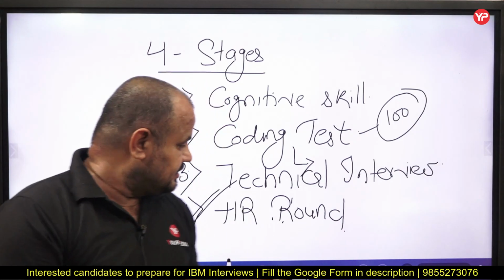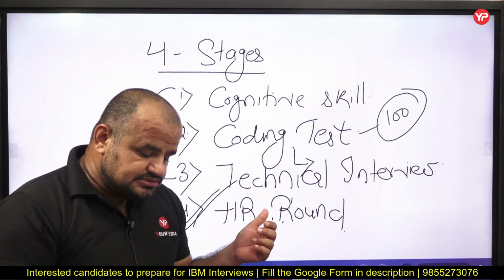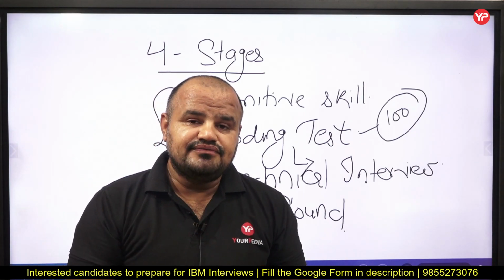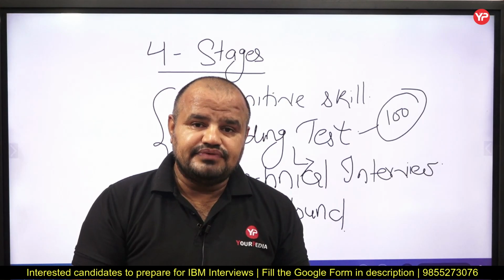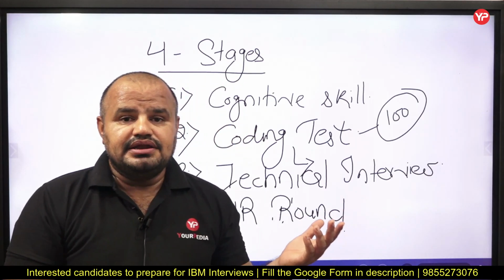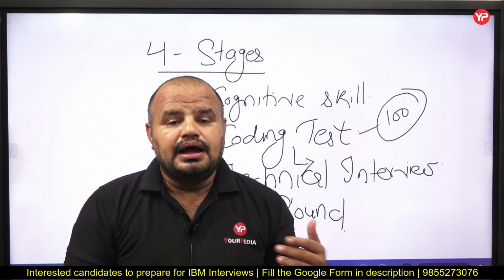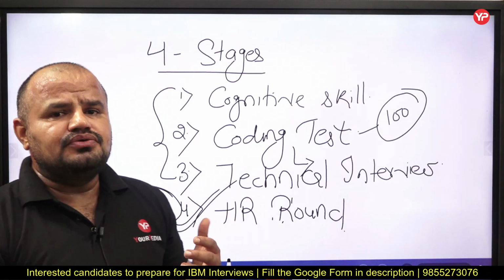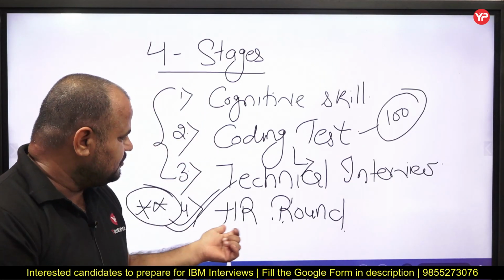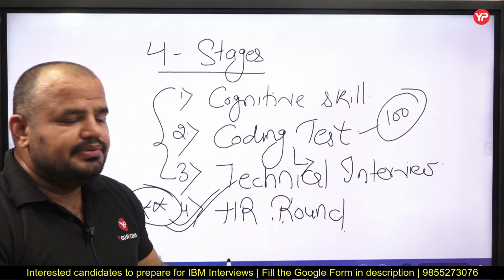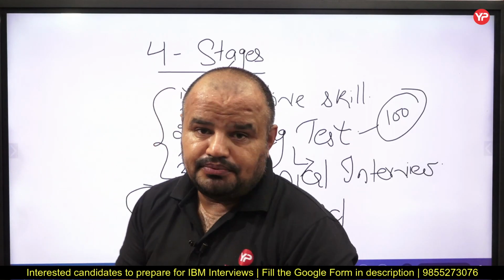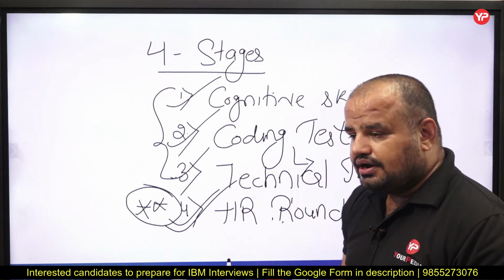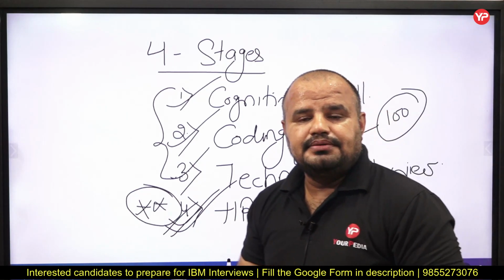The second point is some general questions, like why you want to join IBM, where you see yourself after 5 years, why not other companies, and if you get a better opportunity, would you leave IBM. Those types of general queries related to your personality will be asked in the HR round. So even though you qualify the cognitive round, coding round and technical round, the HR round is very important.